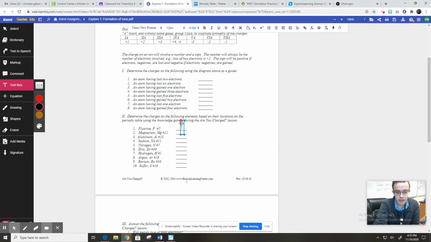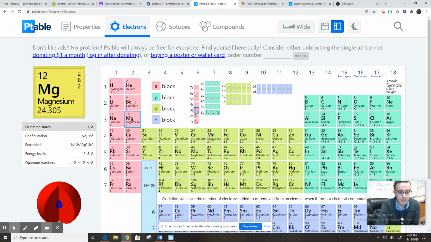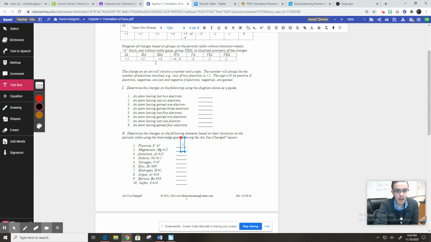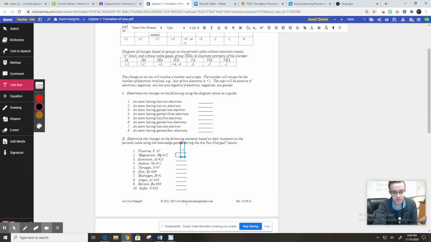So fluorine is going to have a -1 charge. Okay. Magnesium is over here. It's in group 2A. Every element in group 2A has a +2 charge. So we're going to put +2. Okay, so that one's not too terrible either.